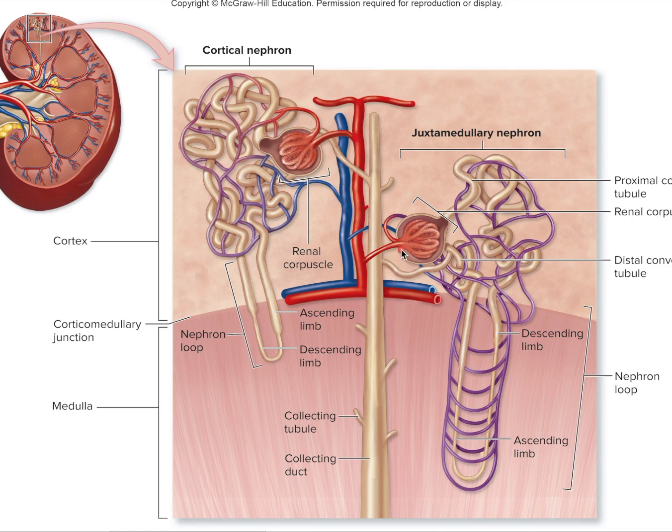So it's going to send signals to make this distal convoluted tubule more permeable to water and sodium chloride, which then will increase our blood volume and thus increase our blood pressure.